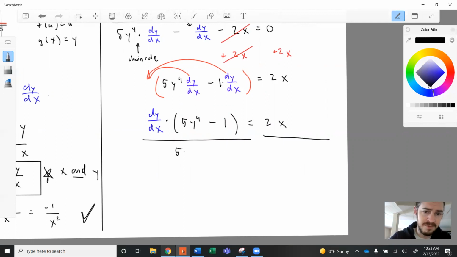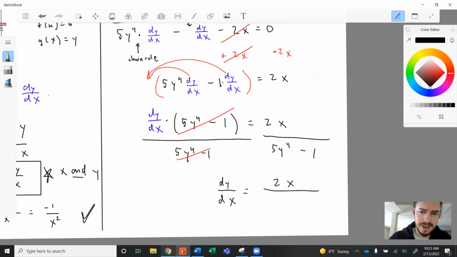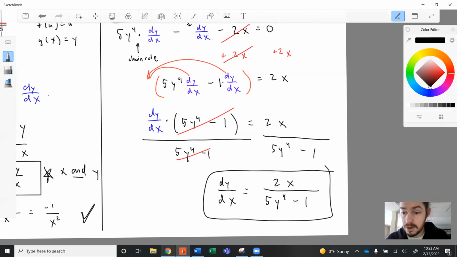So we divide by 5y to the power 4 minus 1, so that it cancels here, and we obtain our final answer: dy over dx equals 2x divided by 5y to the power 4 minus 1. And that is our derivative of y with respect to x.